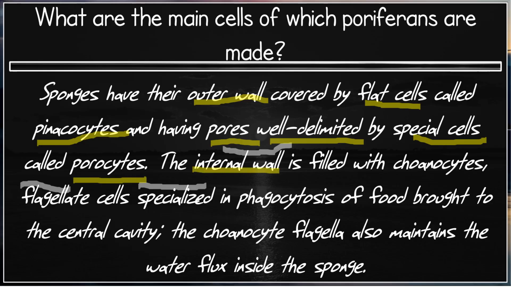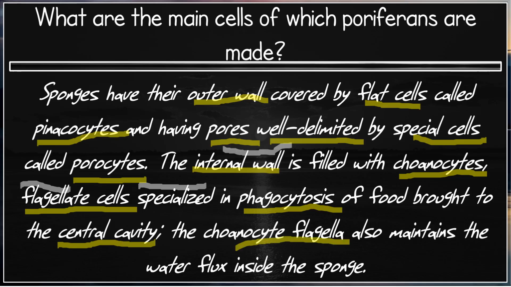The internal wall is filled with choanocytes, flagellated cells specialized in phagocytosis of food brought to the central cavity. The choanocytes' flagella also maintain the water flux inside the sponge.